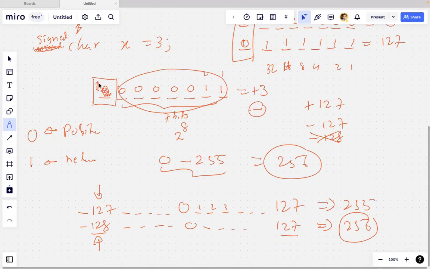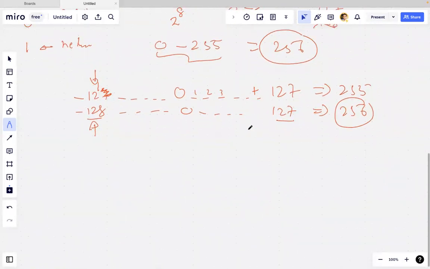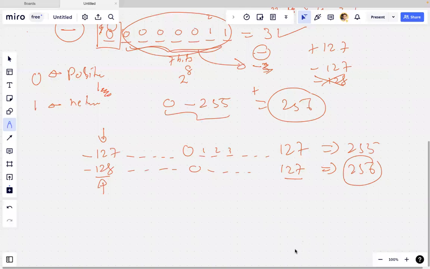If this is 0, it is a positive value, and you can directly convert the rest of the bits to decimal and get the value. But if the most significant bit is 1, that means it is negative, and you cannot directly convert and get the value as minus 3. It is a different value. It is a minus, but not the 3.